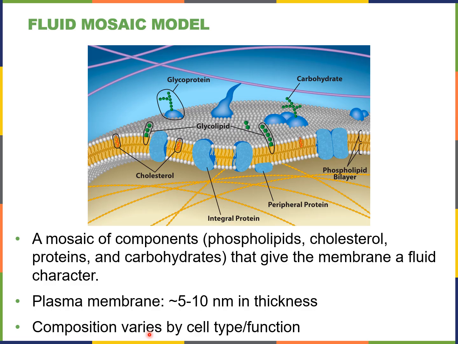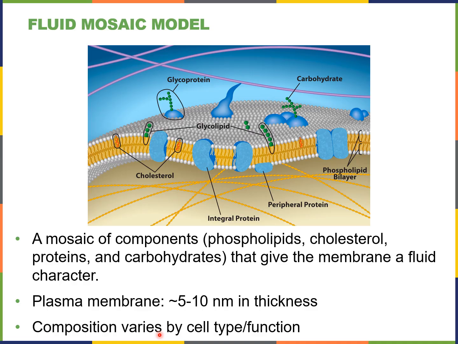Researchers discovered the membrane's bilayer structure in the 1950s, thanks to the advancement of the transmission electron microscope. This tool enabled scientists to visualize that the membrane was composed of two layers of phospholipids, not just one as previously thought. In general, the plasma membrane is about 5 to 10 nanometers thick.